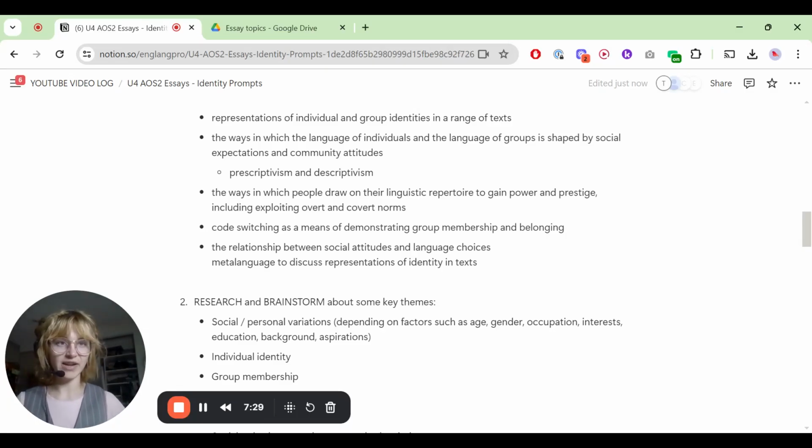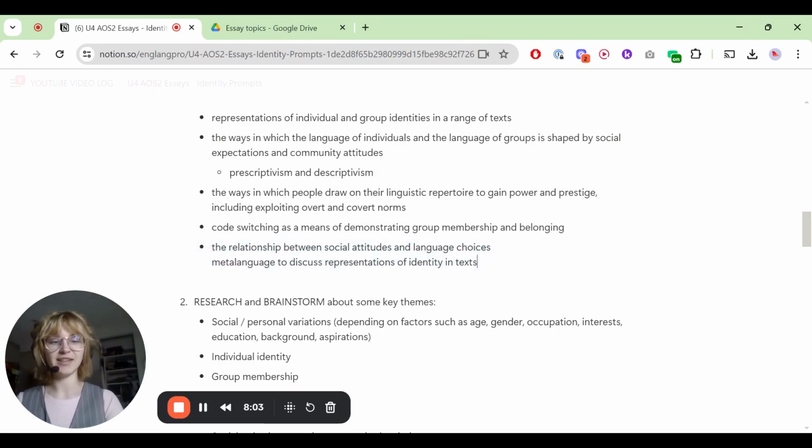And I recommend finding a contemporary example as well, whether that be an anecdote, go for it, but something like a recipe that includes a Greek word or something like that could be very helpful, and you can talk about how that is included in order to celebrate the group membership and celebrate the fact that different languages will have different words for different things due to their culture and the fact that some things don't exist in different cultures. The relationship between social attitudes and language choices, the language to discuss representations of identity in text.